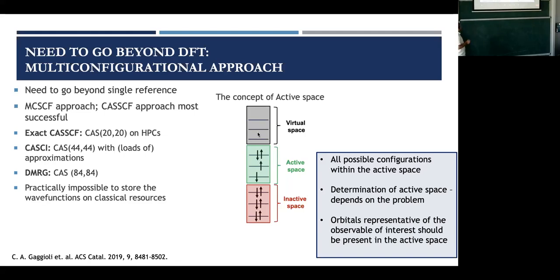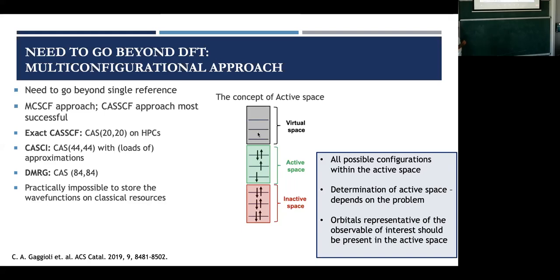But in case we need to recover the entire full correlation energy, we need to include all possible configurations. For the sake of simplicity and ease of modeling, we use this particular approach. But I would like to highlight that determining the active space for a given problem is very tricky, and we need to understand the system before we can even start making the choice of active space.